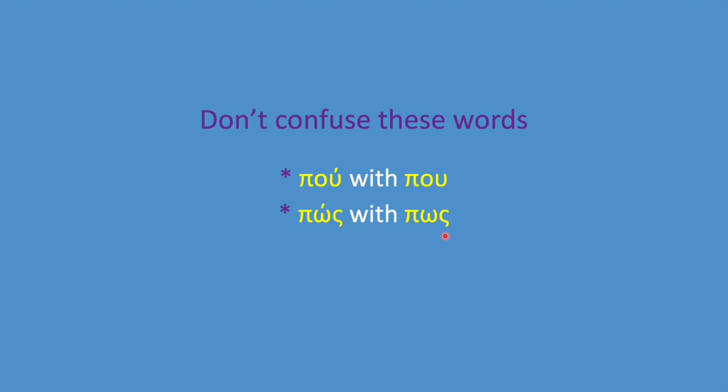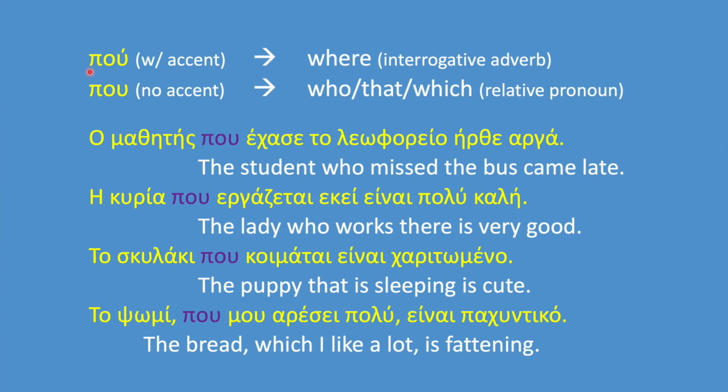And here we have the two little interrogative words που with an accent and πώς with an accent that many people confuse with που without an accent and πώς without an accent. Που with an accent is an interrogative adverb and it means where. Που without an accent is a relative pronoun and it means who or that or which.